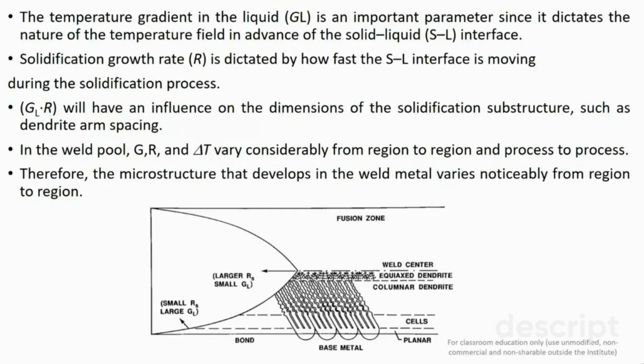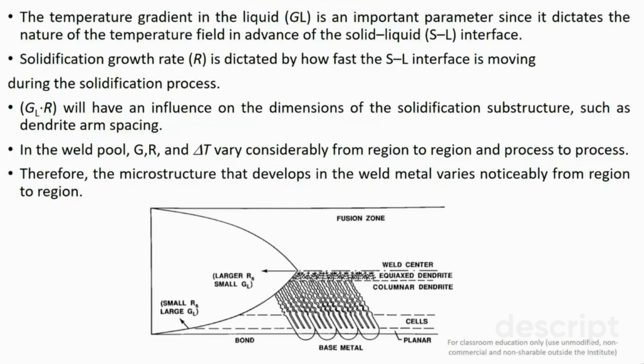And later on, this G into R component will have an influence on the dimension of the solidification substructure such as the dendritic arm spacing. So if this GR value is very high, then the dendritic arm spacing, meaning the spacing between the two dendrites, will be less compared to when you have a lower GR value.